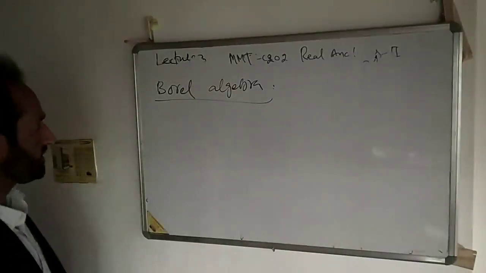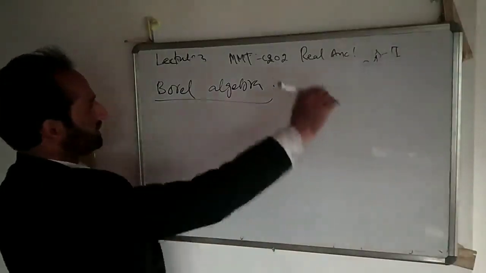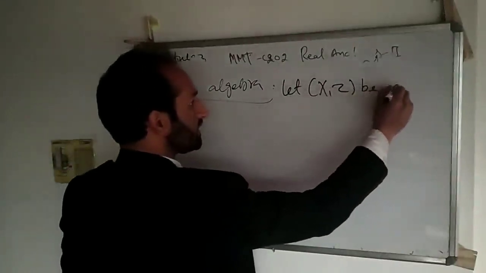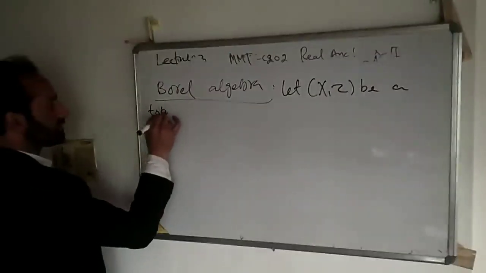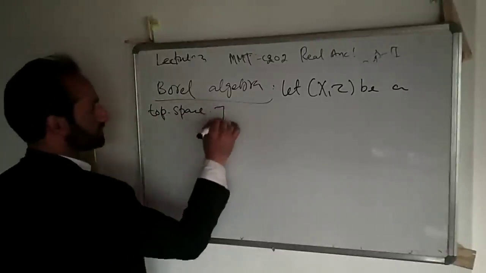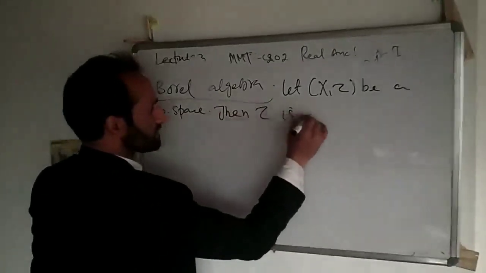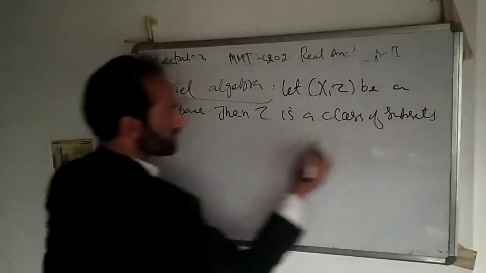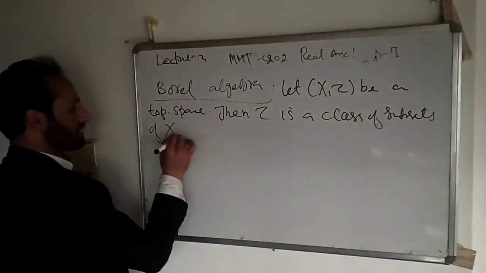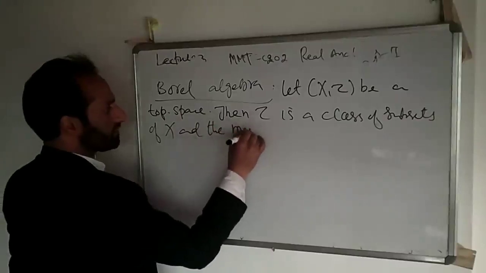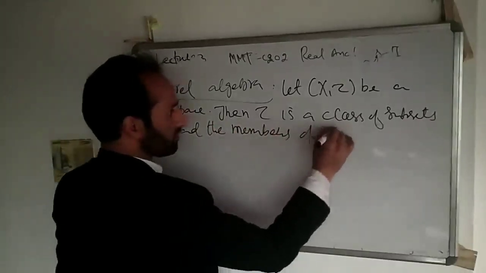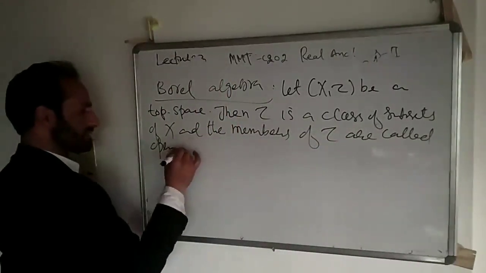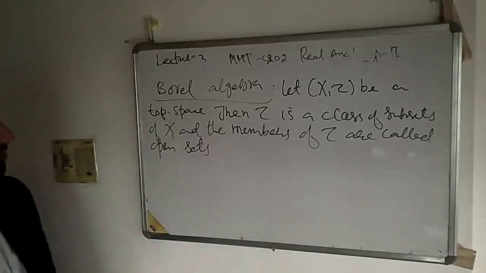So let's define that Borel algebra. Let (X, tau) be a topological space. Then tau is a class of subsets of X, and the members of tau are called open sets. Tau is a topology on X, so its members are called open sets.